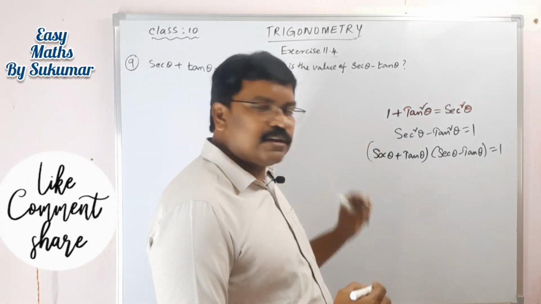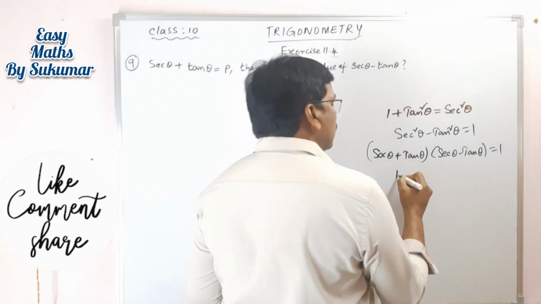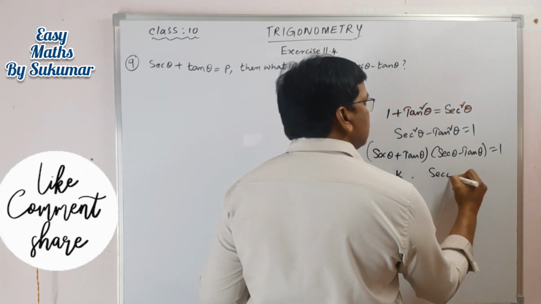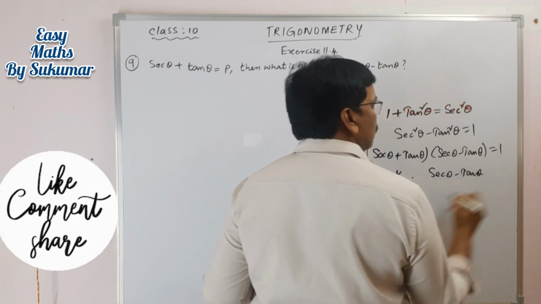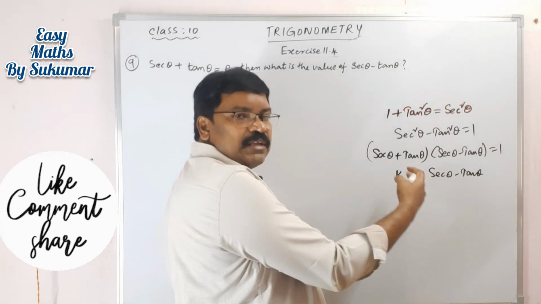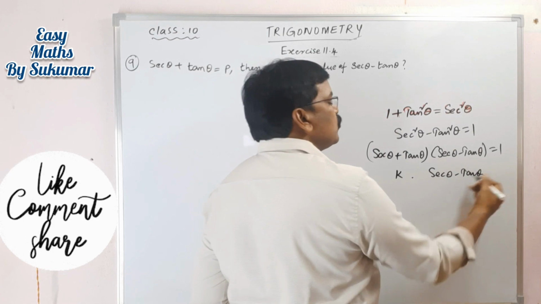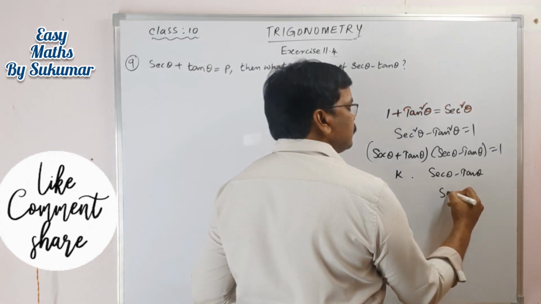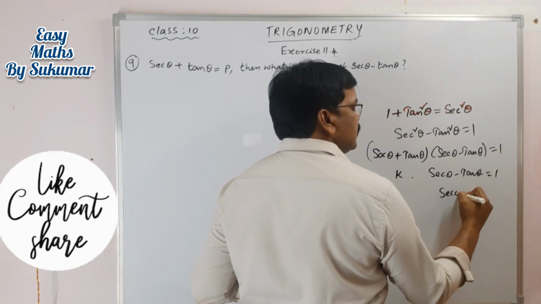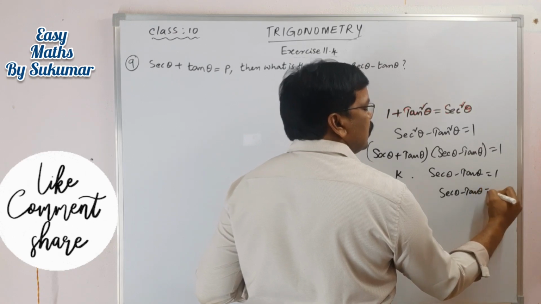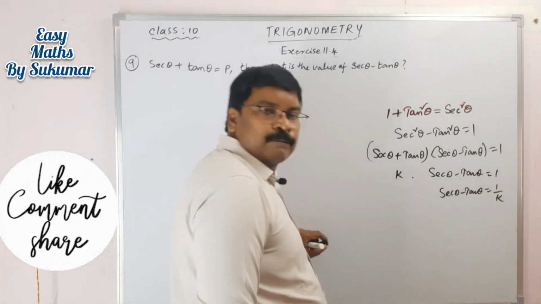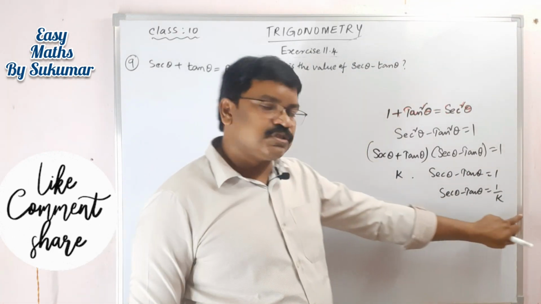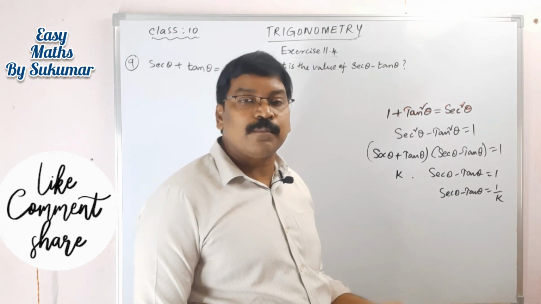Now, my dear students, if secant theta plus tan theta is k, what about secant theta minus tan theta? Secant theta minus tan theta is equal to 1 by k. Just transpose this k to the other side, that is 1 by k.